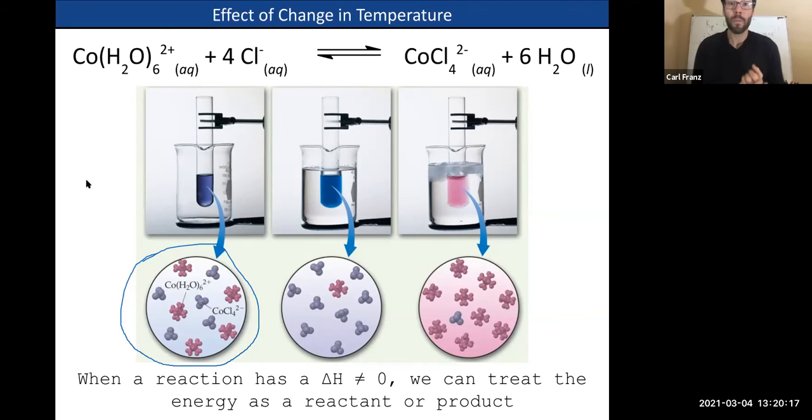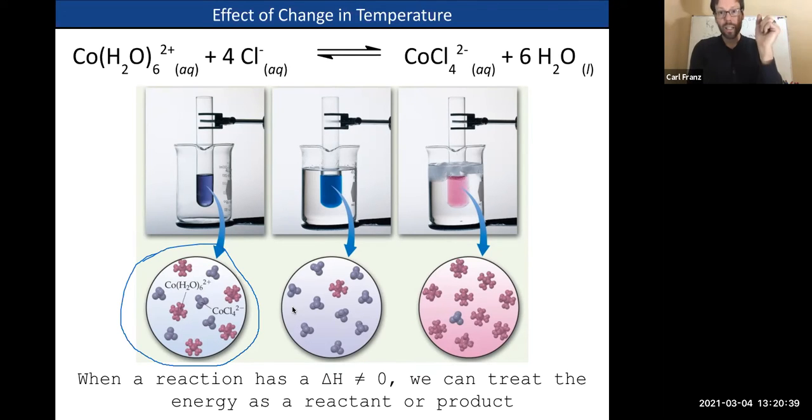And if these molecules have a certain color, right, we can drive it toward more cobalt tetrachloride. If we say remove the heat, or if we add the heat, adding heat, we get cobalt tetrachloride.